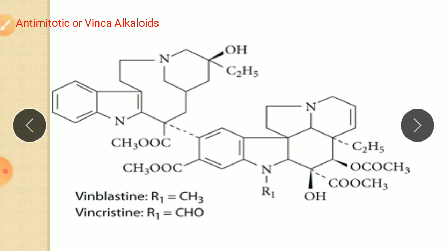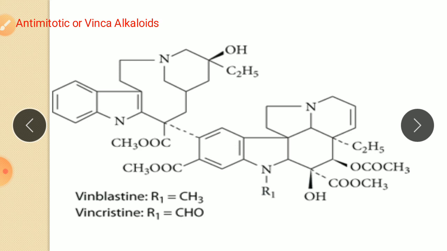Similarly, binding at the low affinity binding site, which occurs at higher drug concentration, leads to breakdown of the spindle by tubulin depolymerization. As a result, the mitotic spindle fails to perform its function properly, chromosomes do not move to the metaphase plate, or anaphase fails to occur, and the cell undergoes apoptosis. The agents are considered specific for the M phase of the cell cycle.